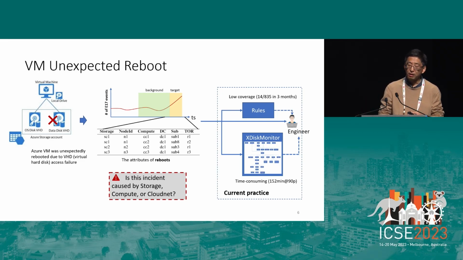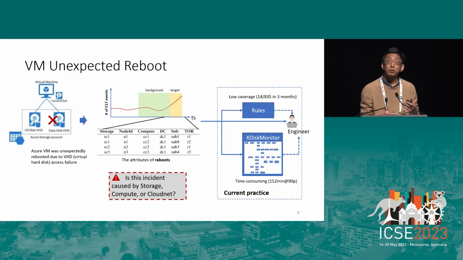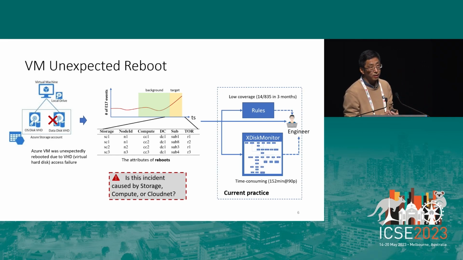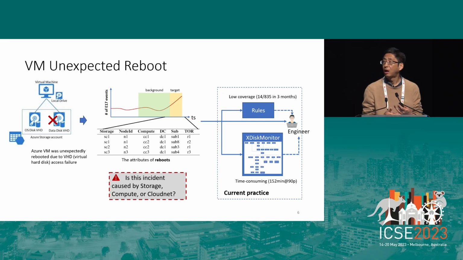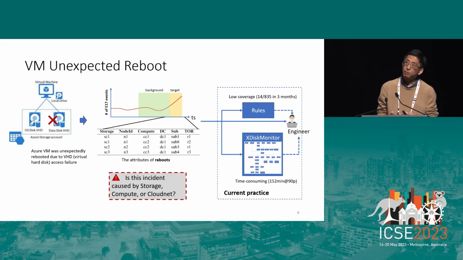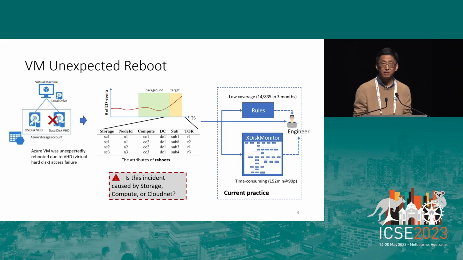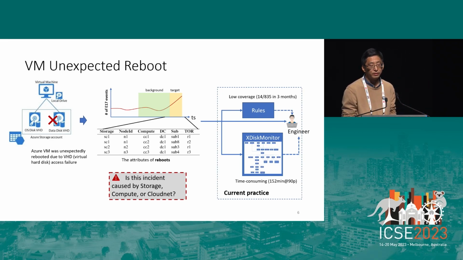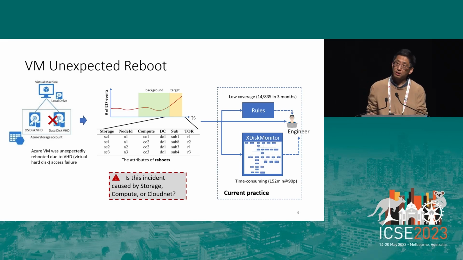There are also many multi-dimensional attributes, each with many values, so developers also try to look for the responsible attribute value combination that causes a lot of failures, many more than the background noise.